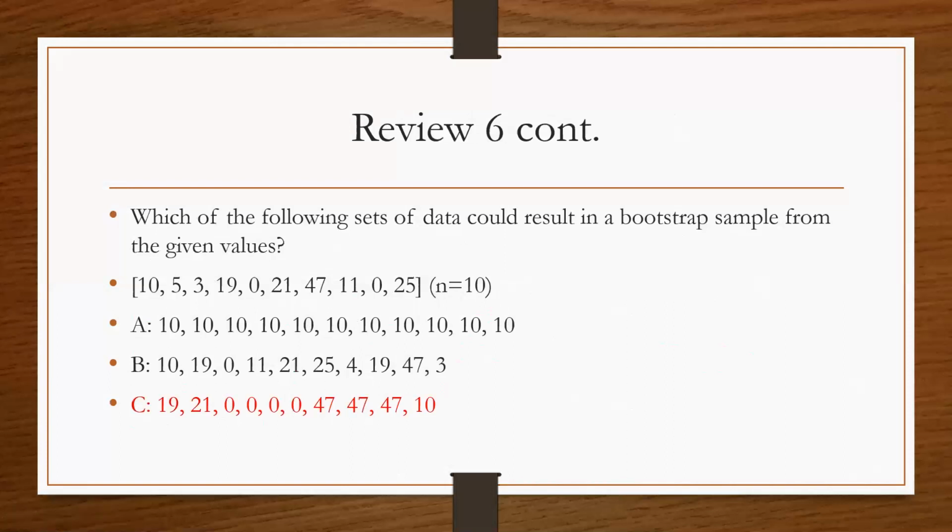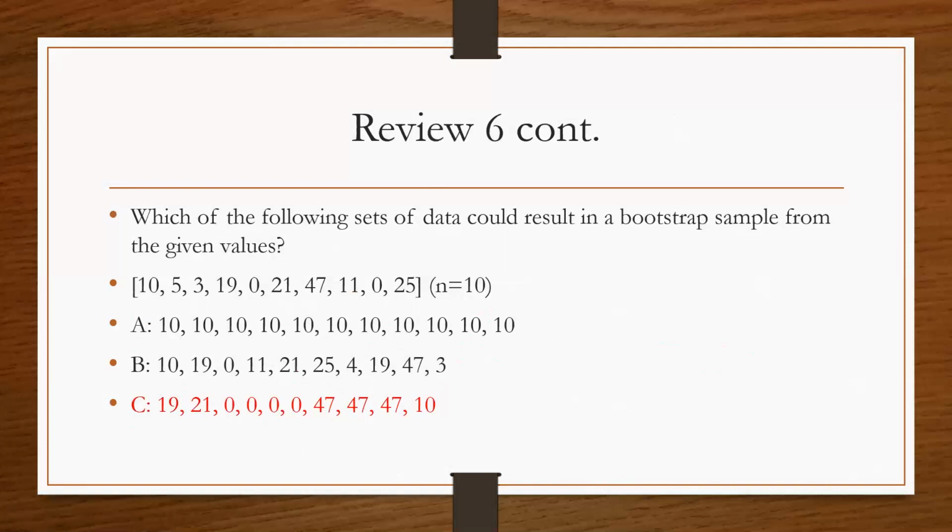And trust me, they're going to throw in curveballs like this all the time. They're going to make it where there's one that's too long, one that's too short, and they're probably going to do something else like I did, where all of a sudden you have this 4 in here. However, there's no 4 in the original sample. So therefore, it cannot be an accurate bootstrap sample. And then C, I tried to throw you guys off a little bit by making it repeat a lot. However, you can have repeating numbers.